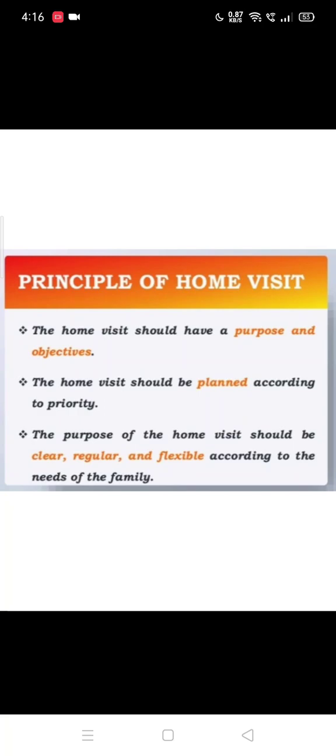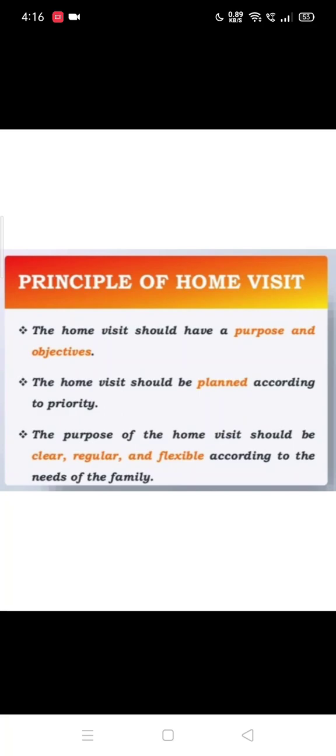So this is the priority. If you get one corona positive patient in the community, you have to isolate immediately and go to visit that family. So that is immediate, that is priority. You have to identify which is the first requirement you have to meet. According to that you plan, and according to that you visit the family.